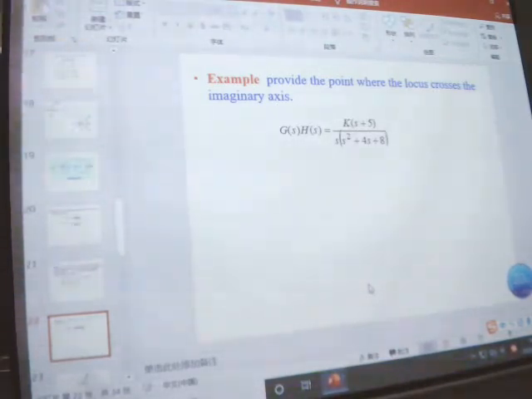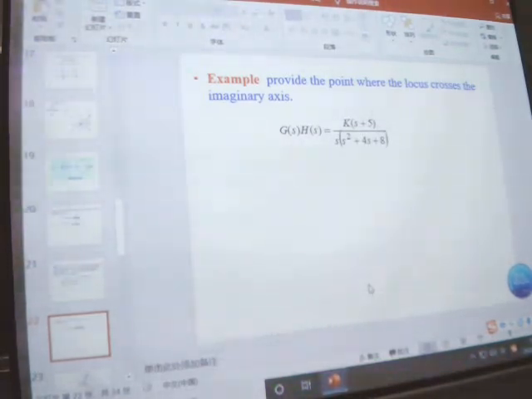You can see here, k omega I plus 5, and substitute this is minus omega square I. Here is minus 4 omega square and plus 8 omega I. It is equal to 0.